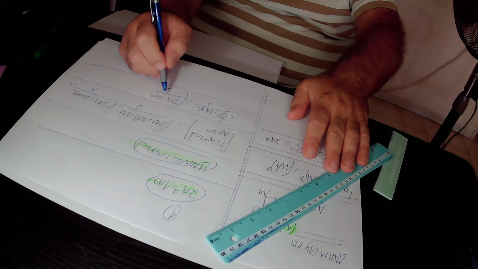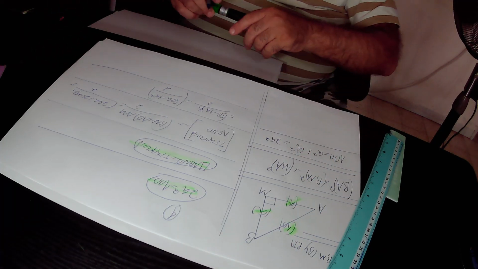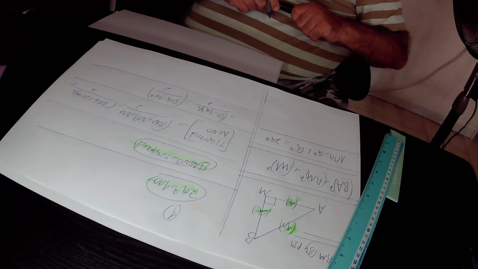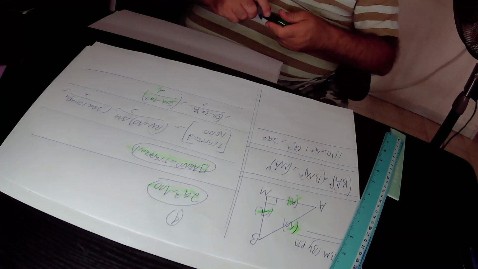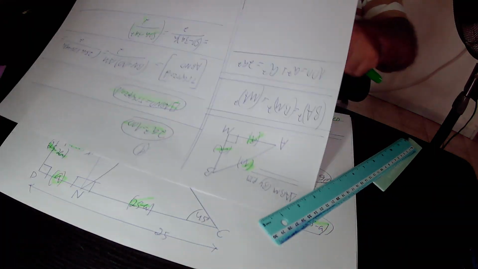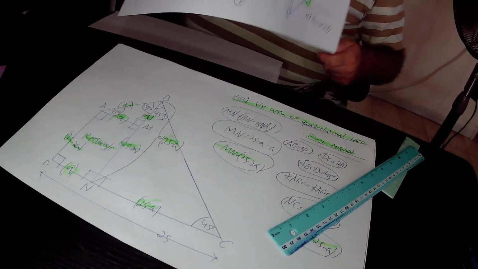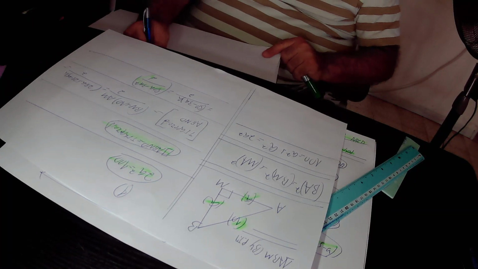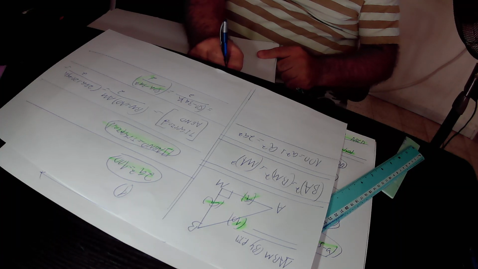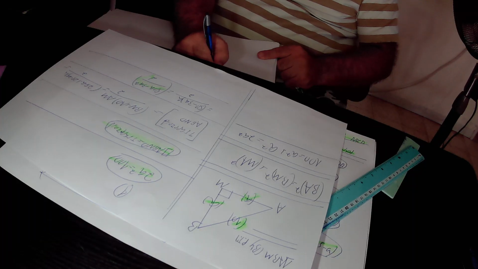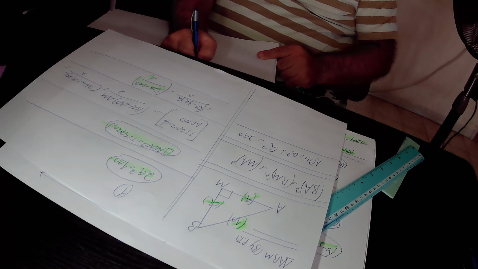So in total we should find out that the area of trapezoid ABND equals 50A minus 3A squared over 2.